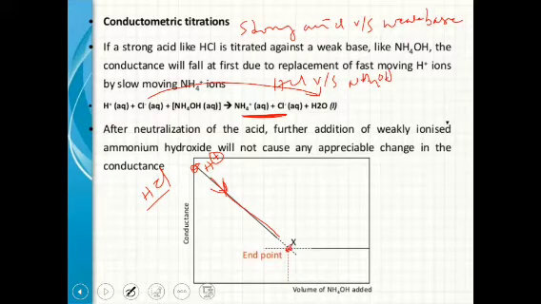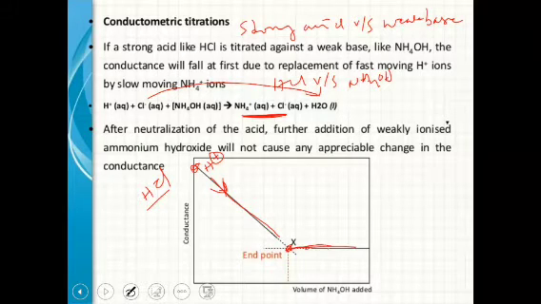After reaching the end point, there are no HCl molecules present. If you add further ammonium hydroxide to the solution, no reaction takes place between the HCl and the ammonium hydroxide because there is no HCl.